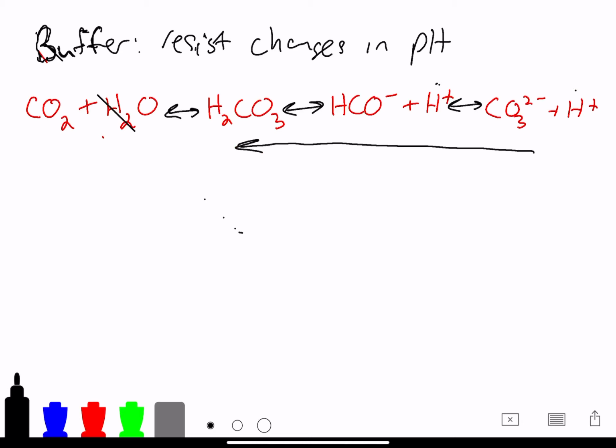Therefore, you would see the overall reaction start to head towards the left, and CO2 gas and water would be produced because it would be trying to decrease the concentration of H2CO3 as more H2CO3 was being made. And it's a chain reaction, as you can see here.